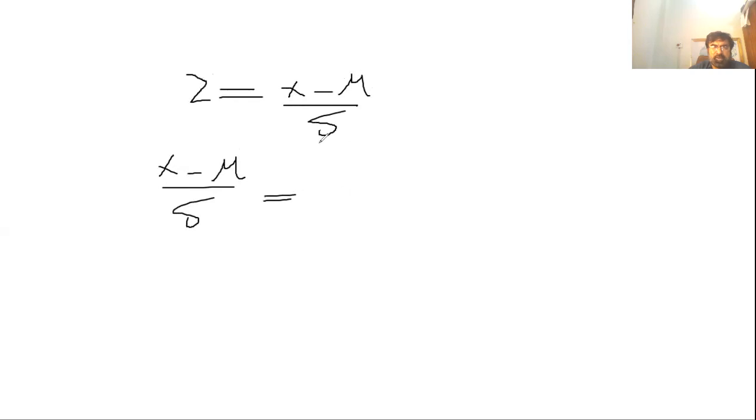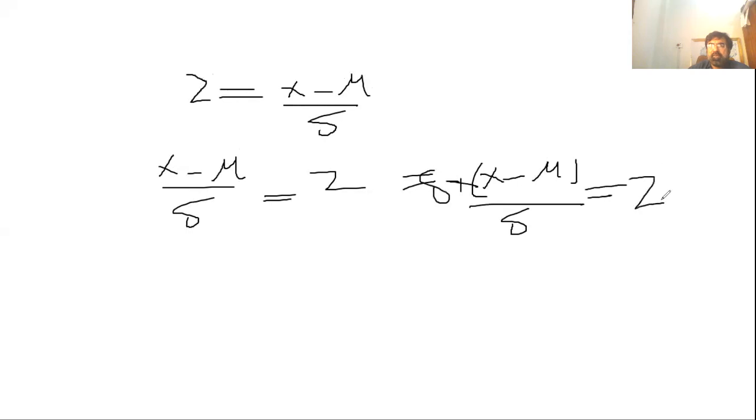z is equal to (x minus mu) over sigma, or (x minus mu) over sigma is equal to z. If you multiply by sigma, (x minus mu) over sigma times sigma is equal to z times sigma.